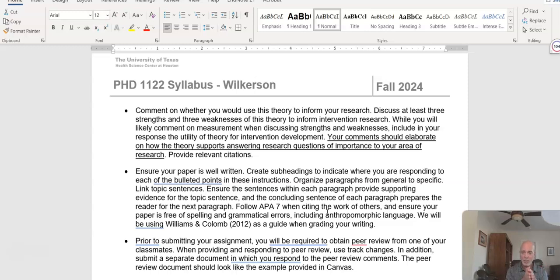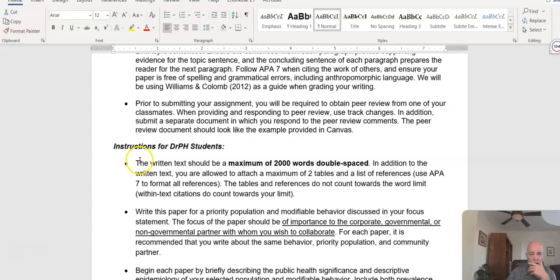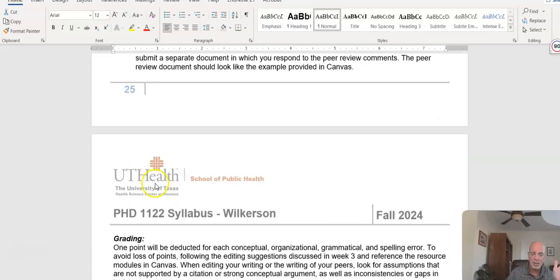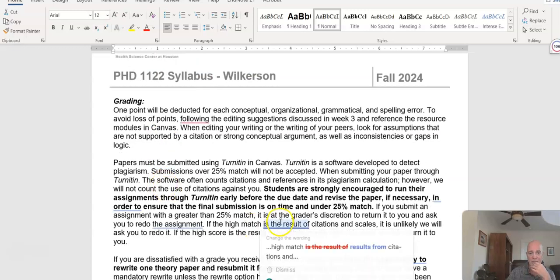So in order to be successful on this assignment, students would have already had to have a focus statement written where they know what they're going to do. And they need to have completed the evidence table and the intervention table. With all that completed, now they've built the skills and the knowledge to successfully write these papers. And then you can see I have very specific instructions because PhDs and DrPHs do slightly different things.